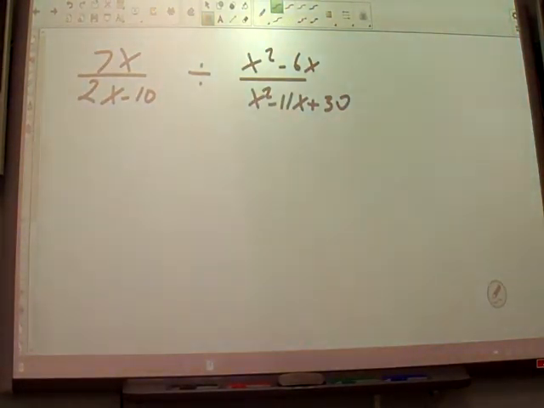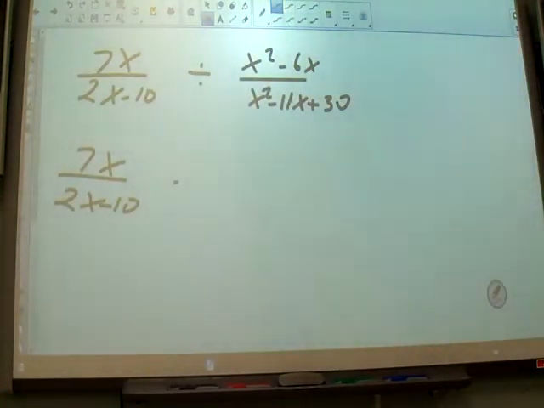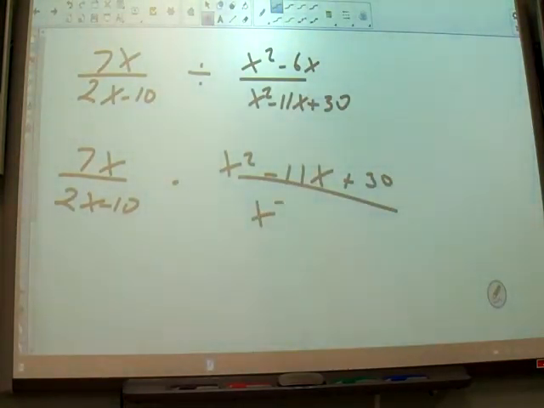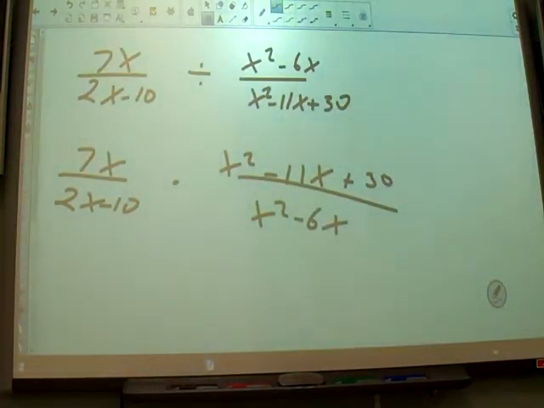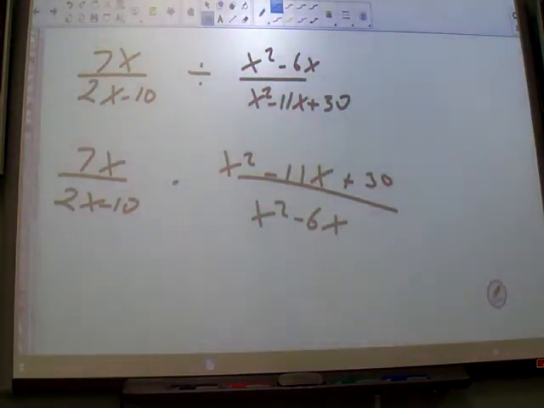So this is the same as 7x over 2x minus 10 times the reciprocal, x squared minus 11x plus 30 over x squared minus 6x. So now it's the same. We don't have to learn anything new. We're going to break down everything that can be broken down and then see if we can get our ninja sword after anything.